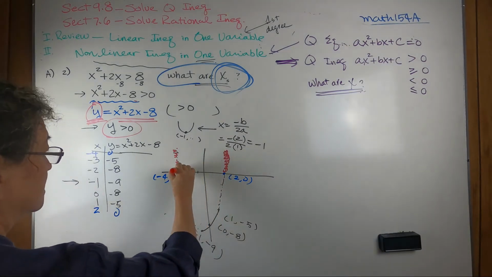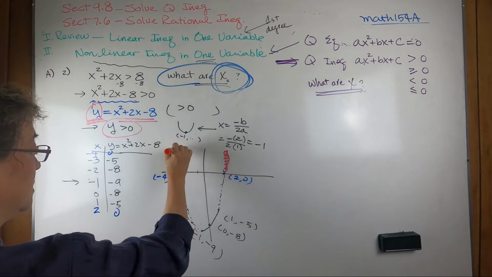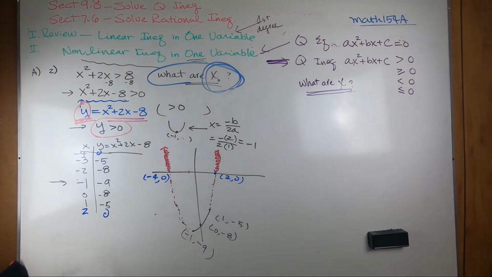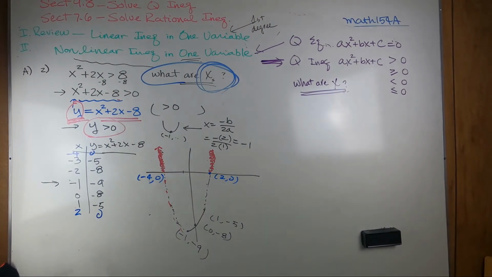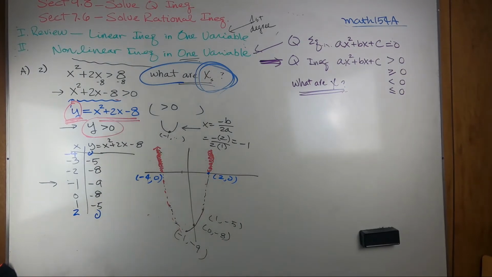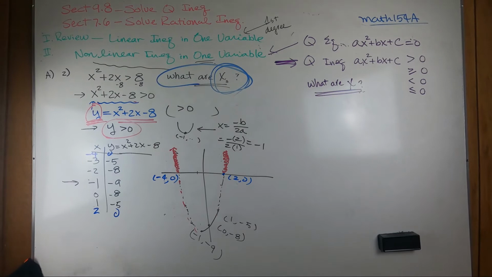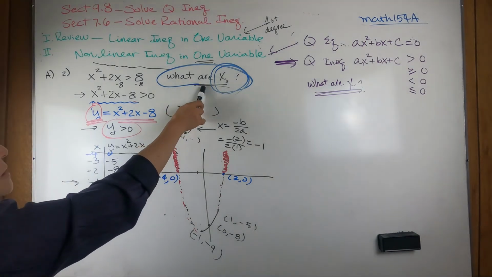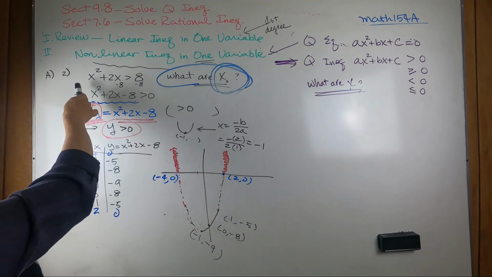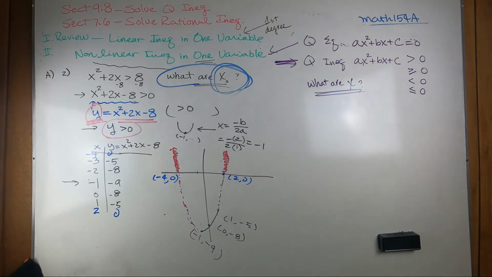Are those your y values bigger than 0? Right? Up, here, up. Okay, the y value is bigger than 0, but that wasn't the question. What was the question? The question is, what's the x to have this value?